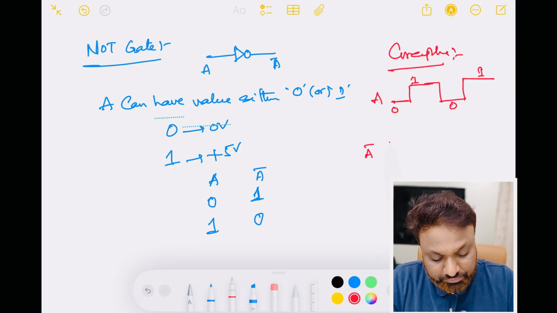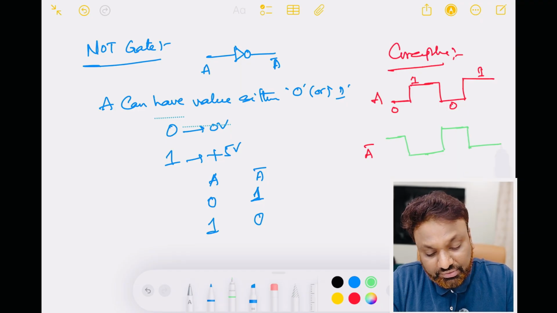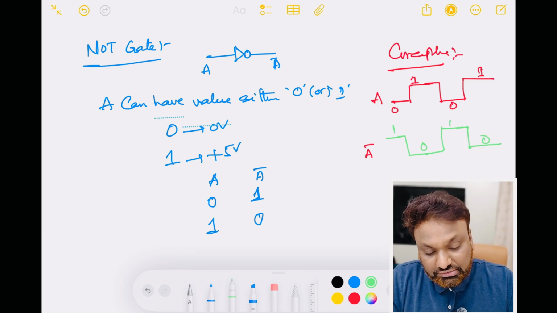A bar will be 1, 0, and whenever the input is 0, the output will be equal to 1. So this is 1 0 1 0, this is the output for the NOT gate. Whatever input I give, the complement of the input will be my output.